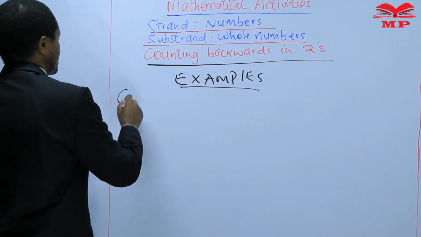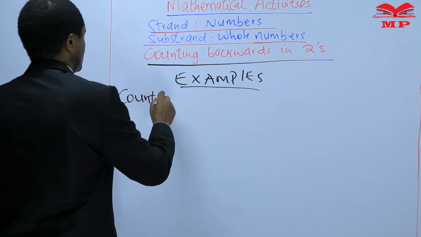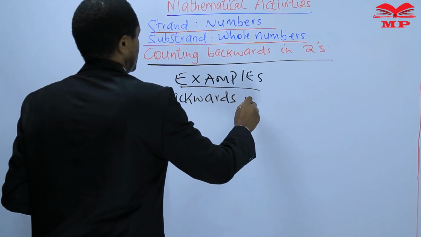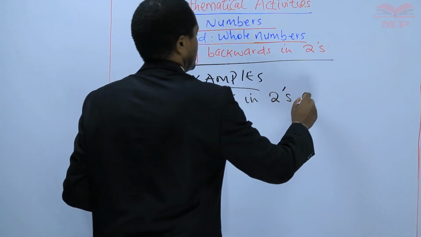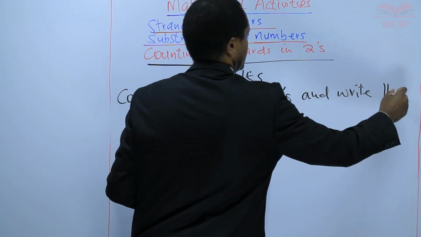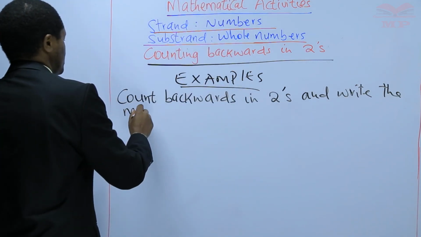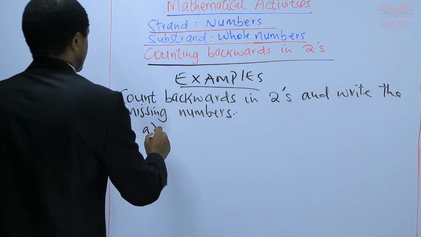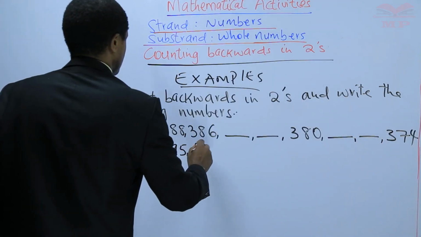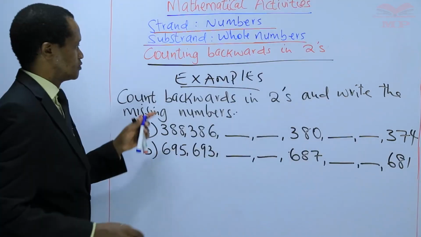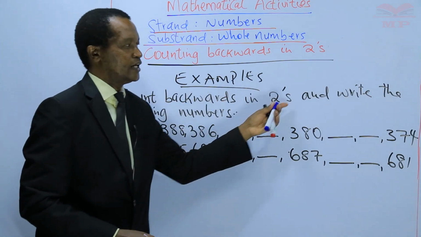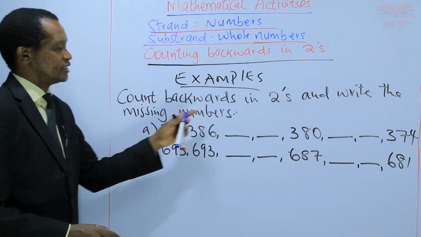The question is, count backwards in twos and write the missing numbers.